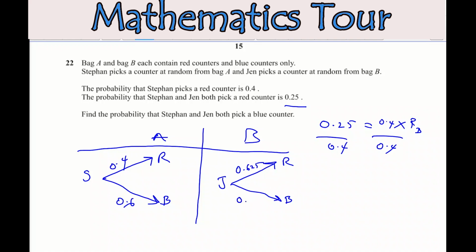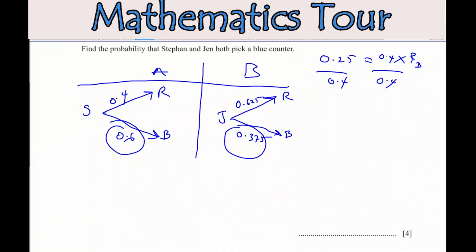So this will be 0.375. Now find the probability that Stefan and Jen both pick a blue counter, to be this and this. These two are also independent events, so it will be 0.6 multiplied by 0.375. If you do this, you should get 0.225.